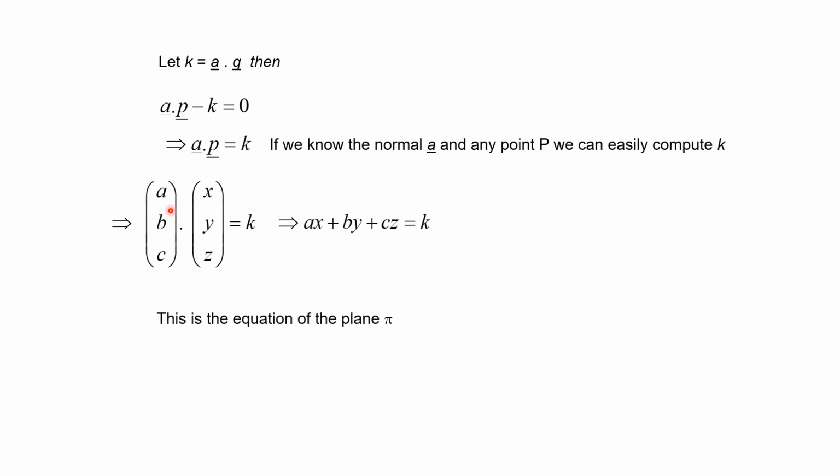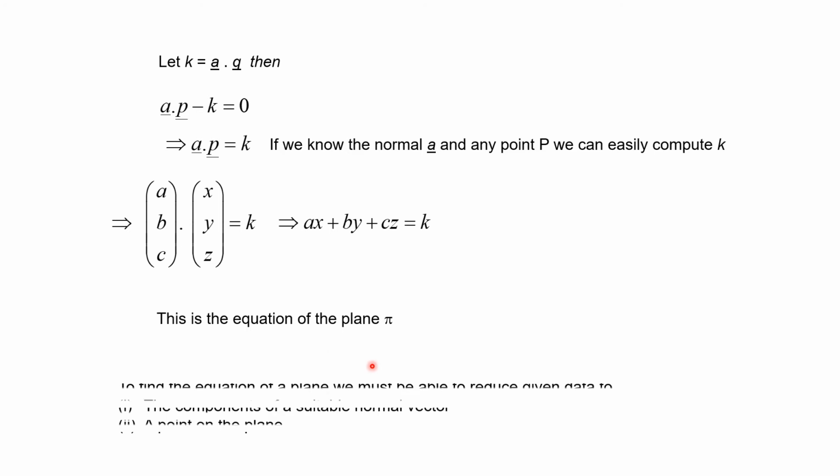An equation of a plane should equal the dot product of (a, b, c) and (x, y, z), which will be a multiplied by x plus b multiplied by y plus c multiplied by z, and it should equal K. This is the equation of the plane pi that we have been discussing from just now.